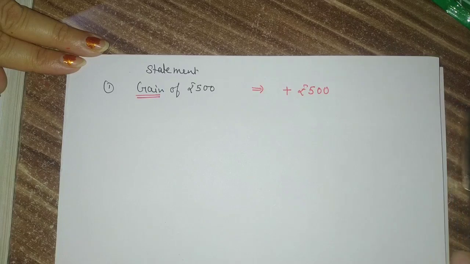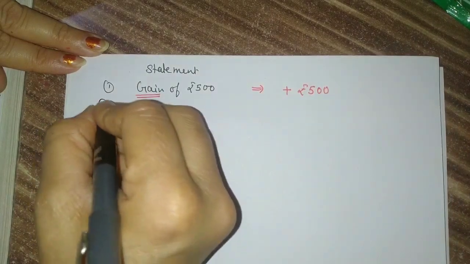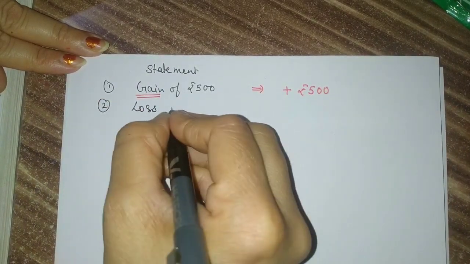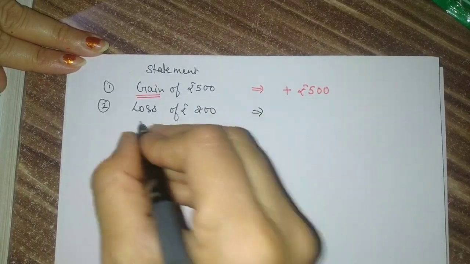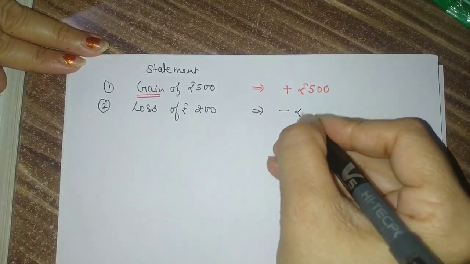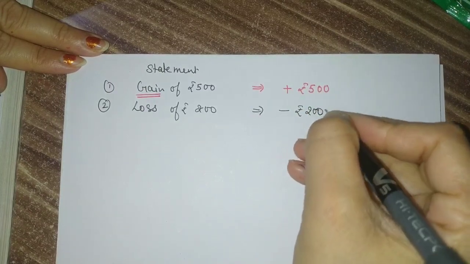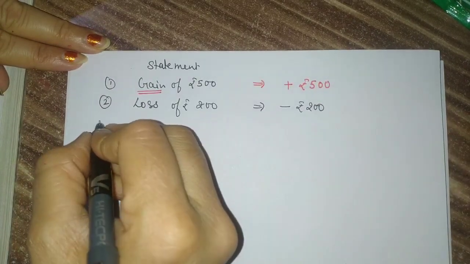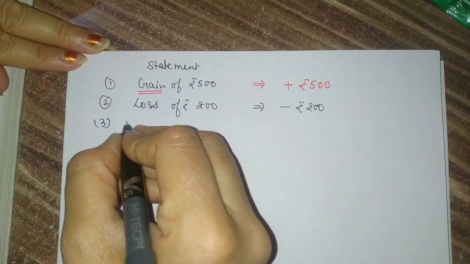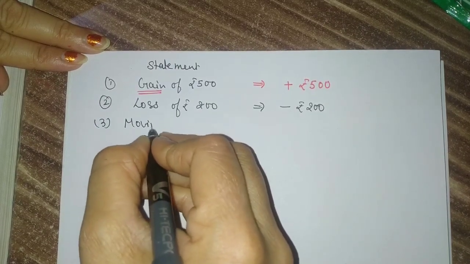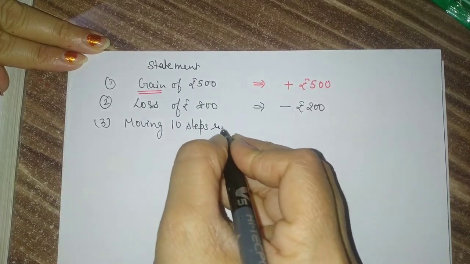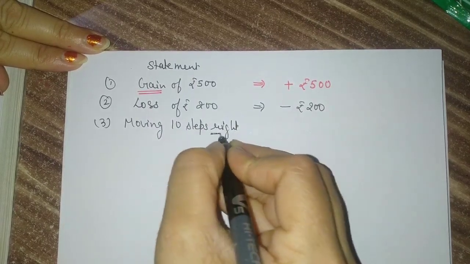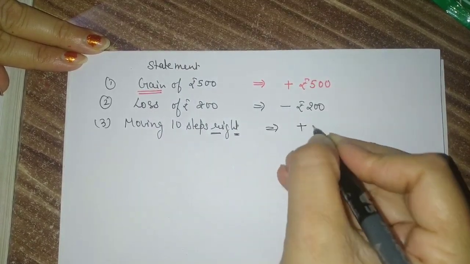Okay students. Second, loss of rupees 200. How to write this one? Loss means negative, minus rupees 200. Third one, moving 10 steps right. Right means positive, that means plus 10.